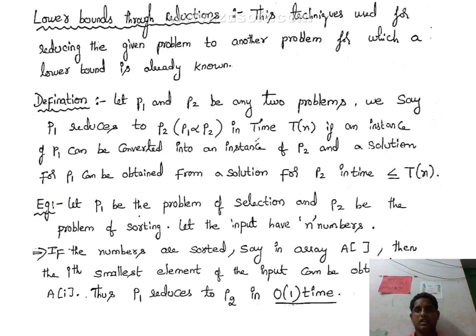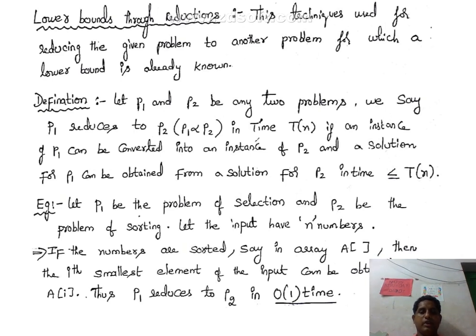So this technique is used for reducing the given problem to another problem for which a lower bound is already known. For example, let P1 and P2 be any two problems. We say P1 reduces to P2 in time T of n if an instance of P1 can be converted into an instance of P2 and a solution for P1 can be obtained from a solution for P2 in time less than or equal to T of n.